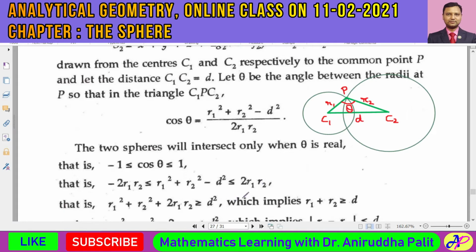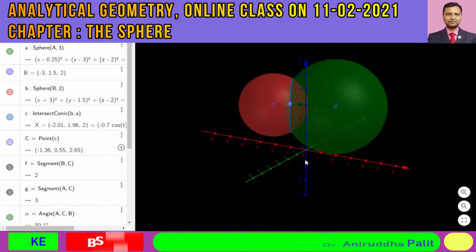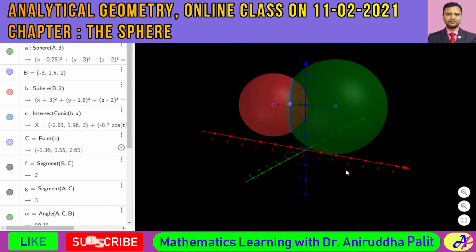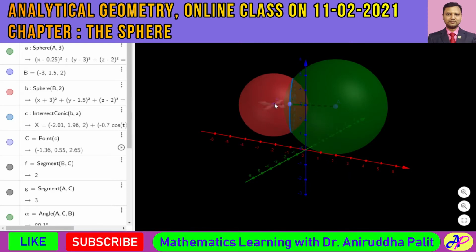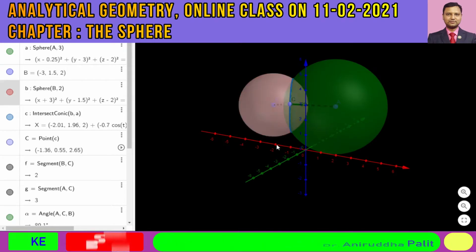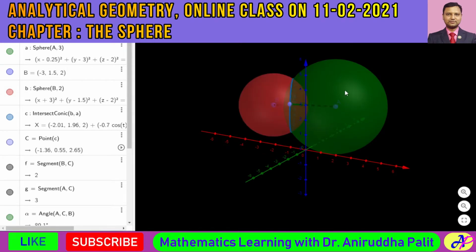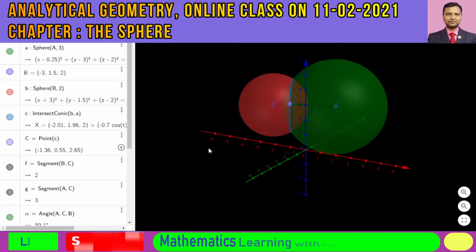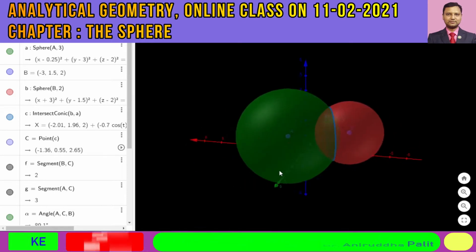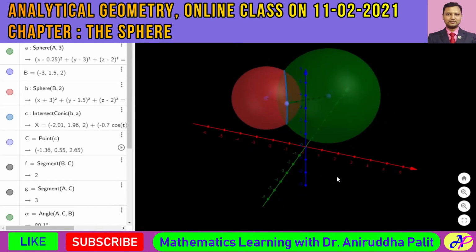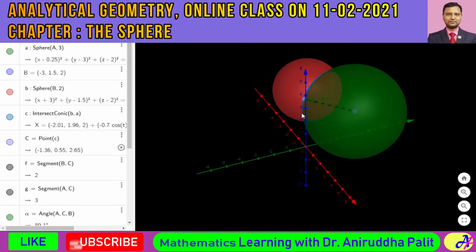Let us try to explain this with a picture. Over here we consider two spheres. This is one sphere, the red sphere, and this is the green sphere, and we consider their section. The section would be clear over here.